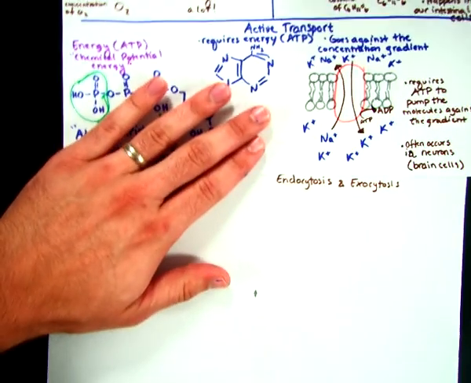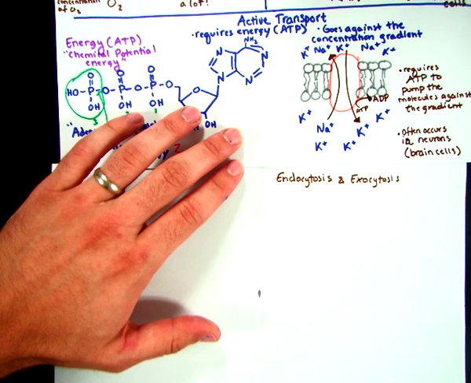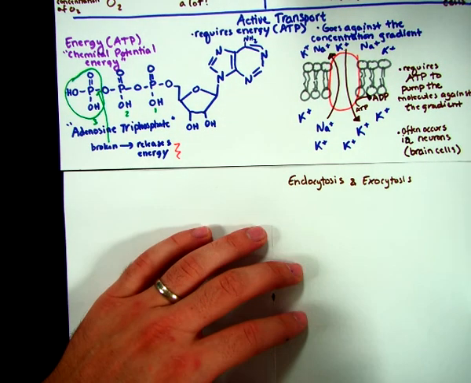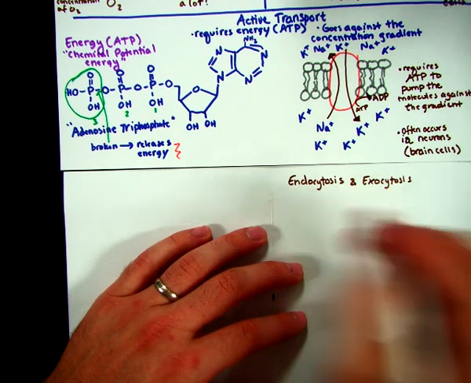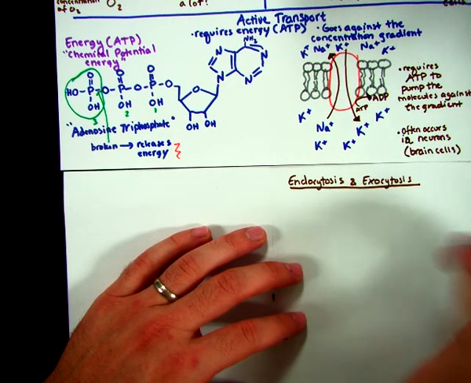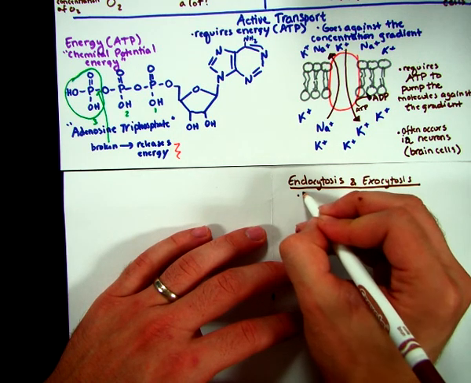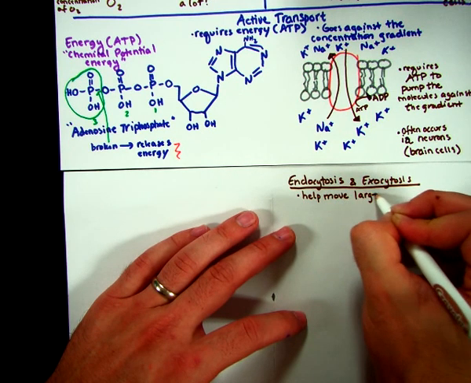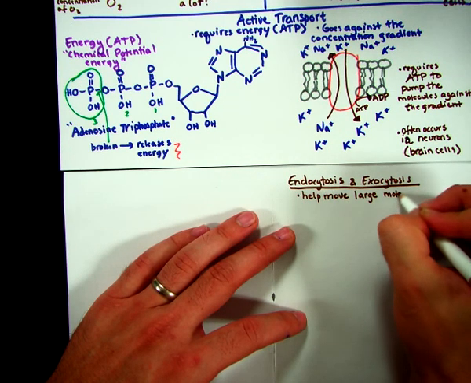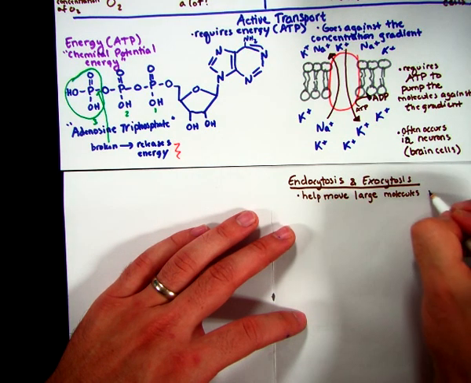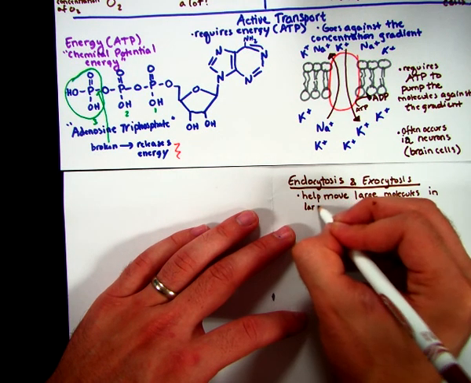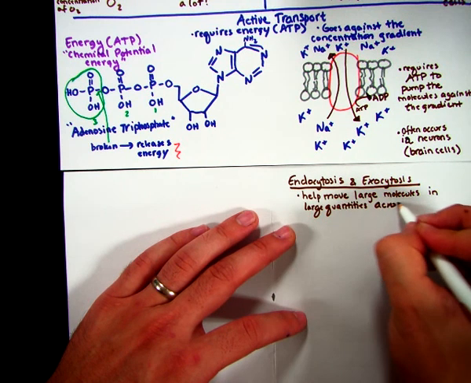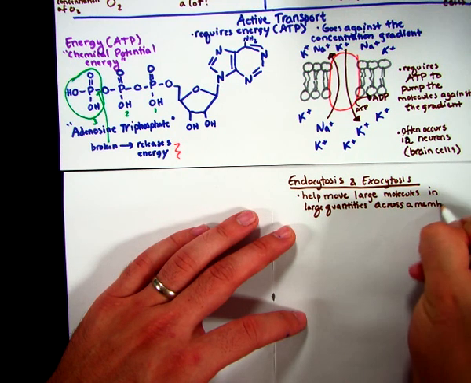So endocytosis and exocytosis are two terms that you'll see. These two help move large molecules, often in large quantities, across a membrane.